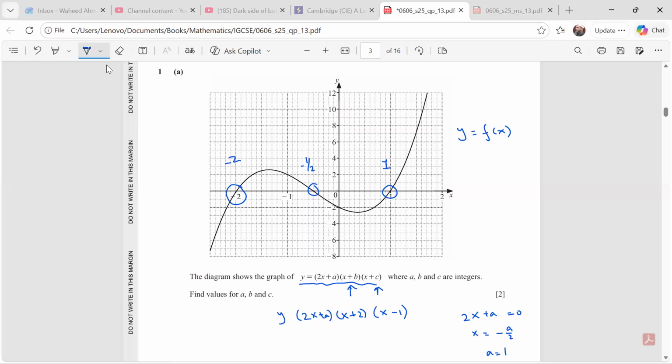So y equals 2x plus 1, x plus 2 and x minus 1. So we found the values of a, b, c. a is 1, b is 2, and c is minus 1. I hope it's clear.